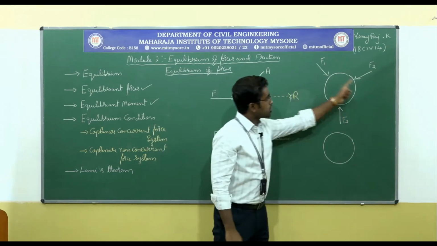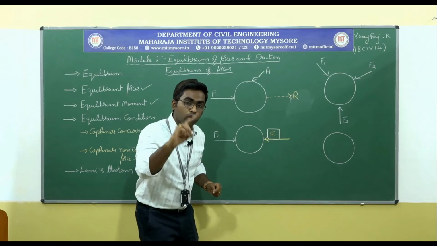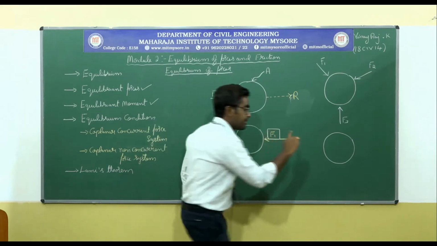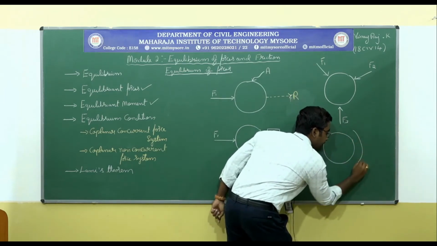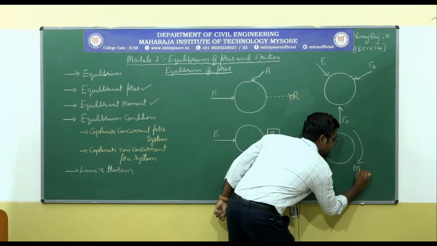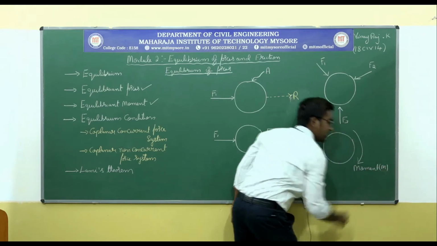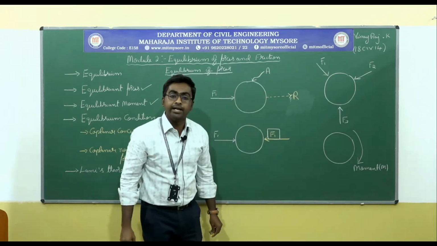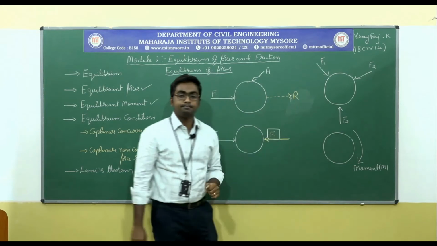Due to the application of these 3 forces, the resultant is in the form of rotation. That means the body will be rotating and that rotation will be represented by M, that is called moment. The rotation can be represented as moment, and this is the resultant of this system.